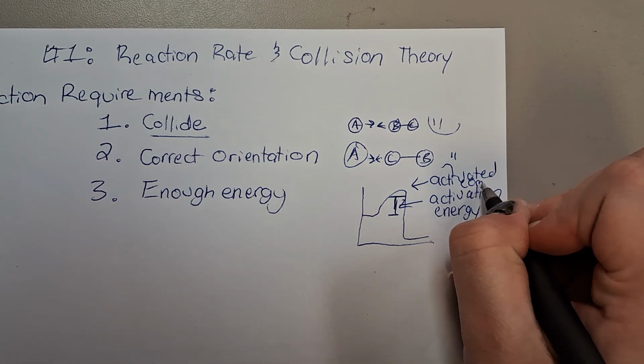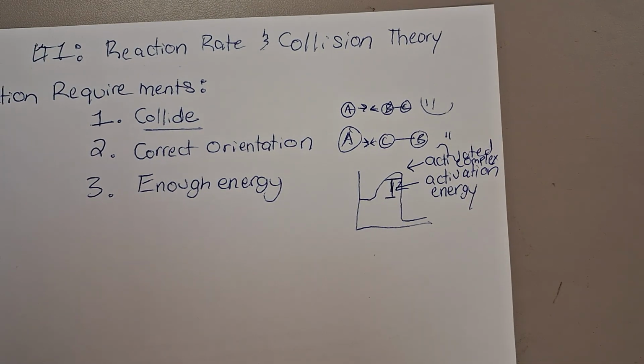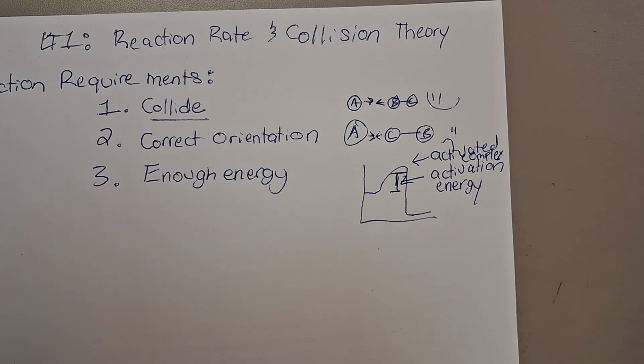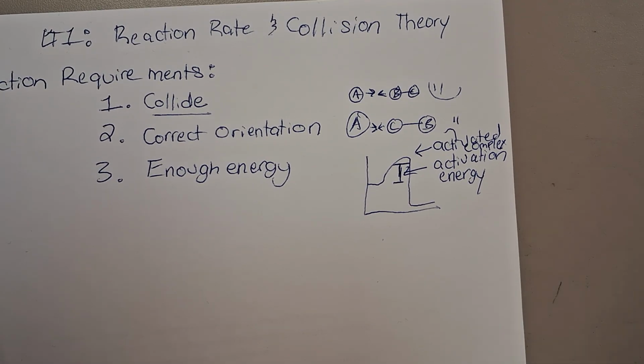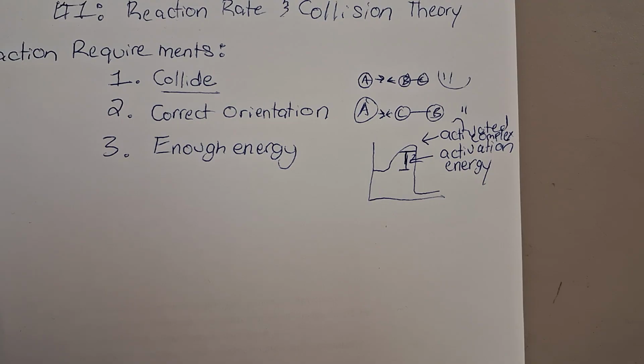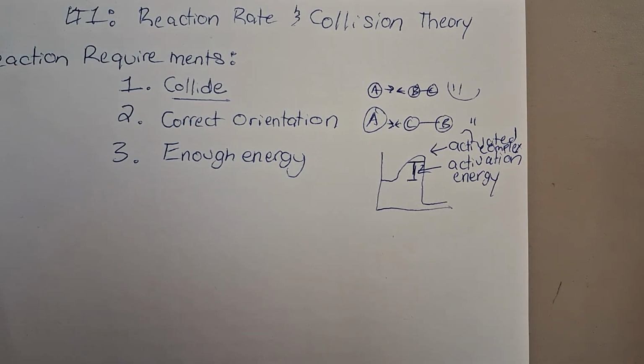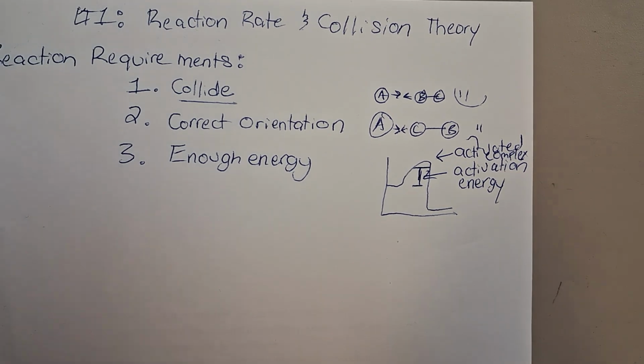And this is the point where our reactants and our products have collided. And that exact moment they're colliding, that's the activated complex. Sorry, it's kind of squishy in there.